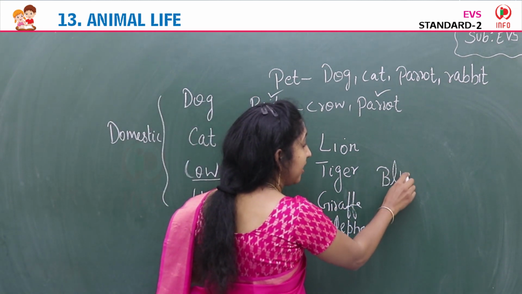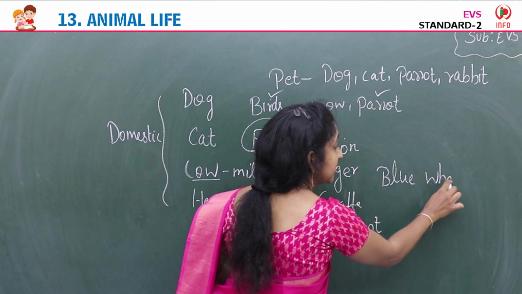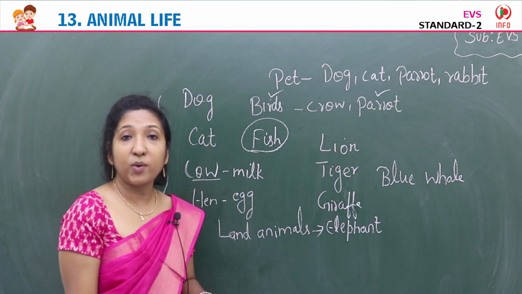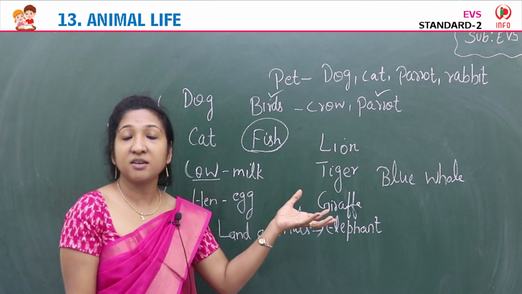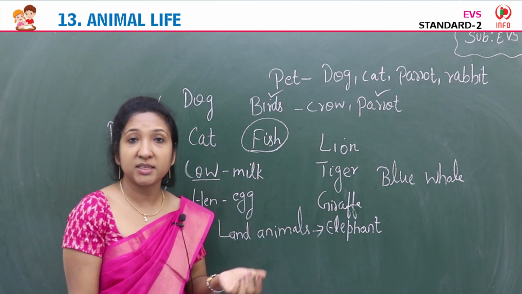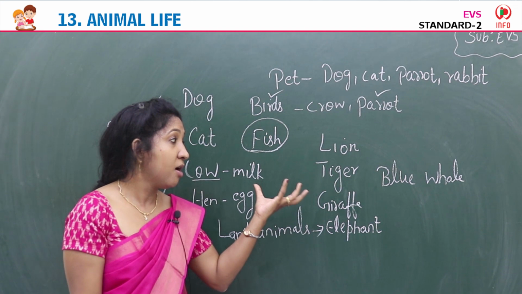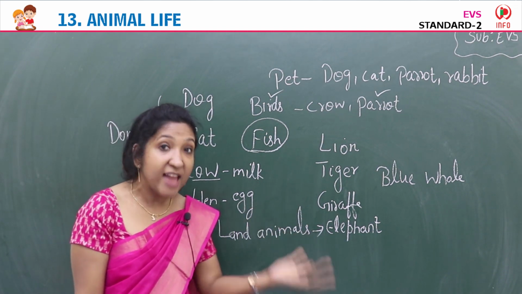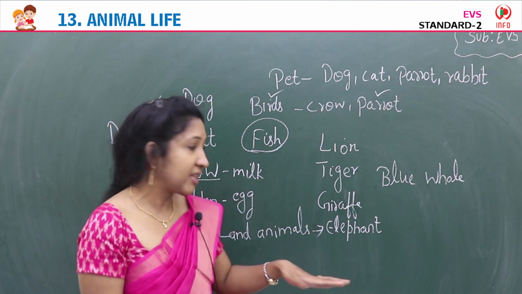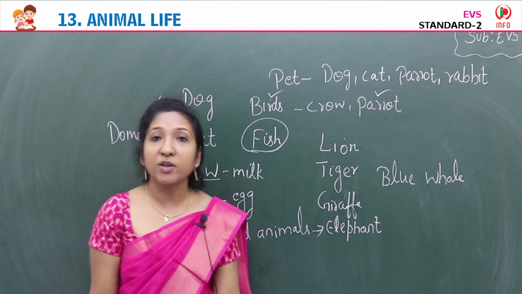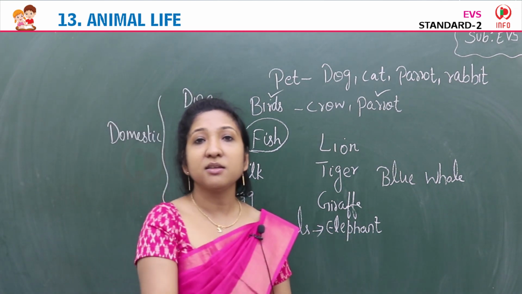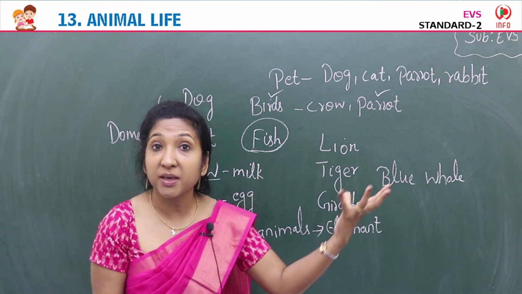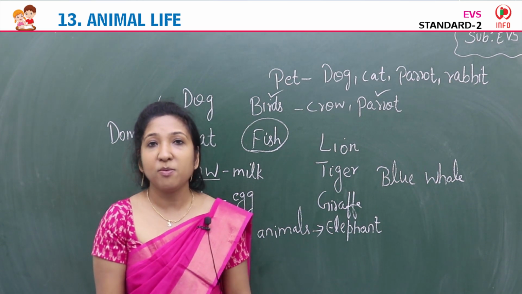Blue whale is the largest animal in the world. We can see it in the water, isn't it? Seas, oceans. Largest land animal is actually elephant. And in the world, blue whale is the biggest or largest animal.